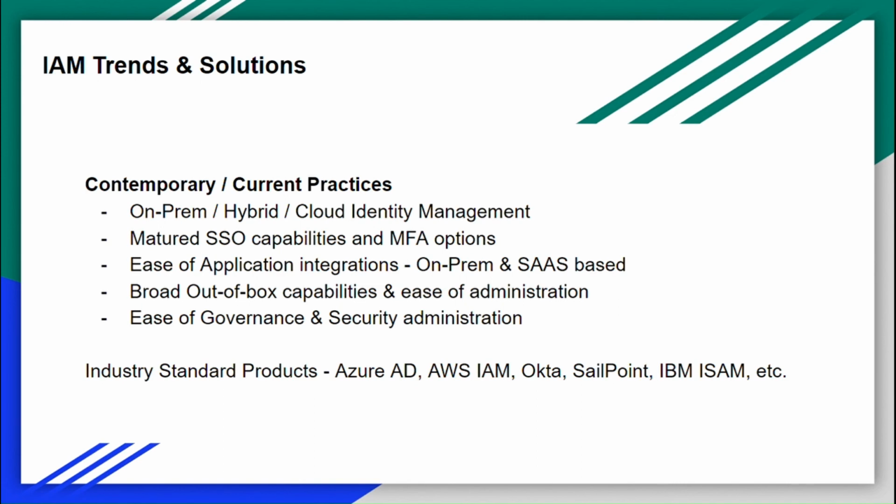Of course, a few industry standard products, as we were talking about all this while: Azure Active Directory, AWS IAM, Okta, SailPoint, IBM ISAM. I just listed a few. There are a lot of others, like RSA SecurID, Ping Federate, Ping Identity as they call it in a broader way. There is Oracle IAM.